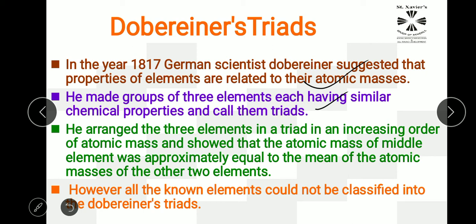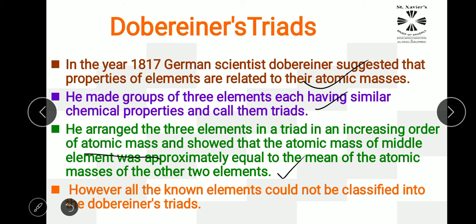He took a set of three elements and arranged the three elements of a triad in increasing order of atomic masses, and showed that the atomic mass of the middle element was approximately equal to the mean of the atomic masses of the other two elements.